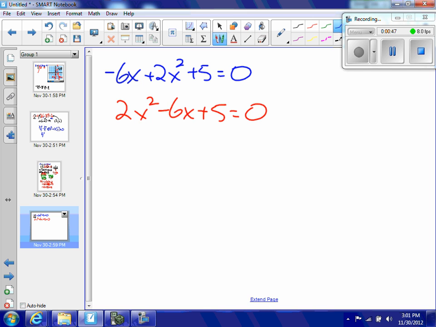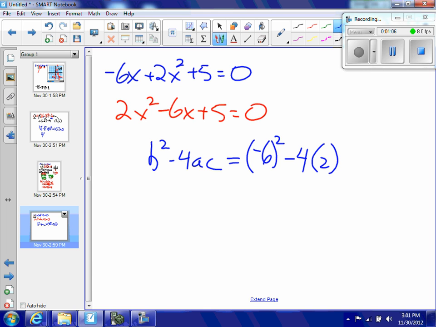And so I started the quadratic formula with the discriminant, which is b squared minus 4ac. I kind of want to see what kind of roots I'm going to get out of this thing. So b squared minus 4ac would be negative 6 squared minus 4 times 2 times 5.